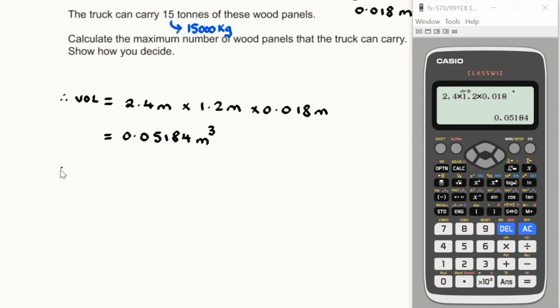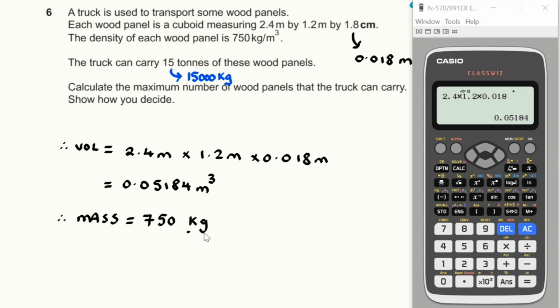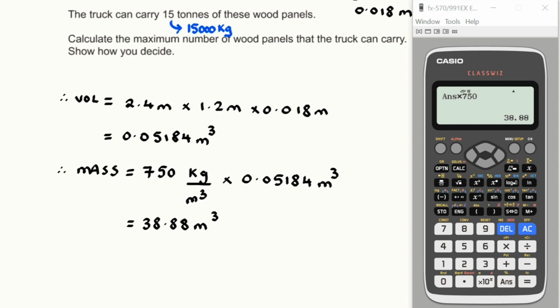And so therefore, for the mass, that's equal to 750 kilograms per meters cubed, which is the density, multiplied by 0.05184 meters cubed. And it turns out we get 38.88 kilograms.